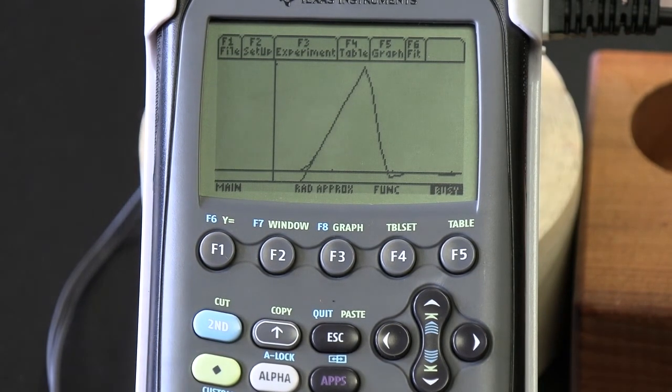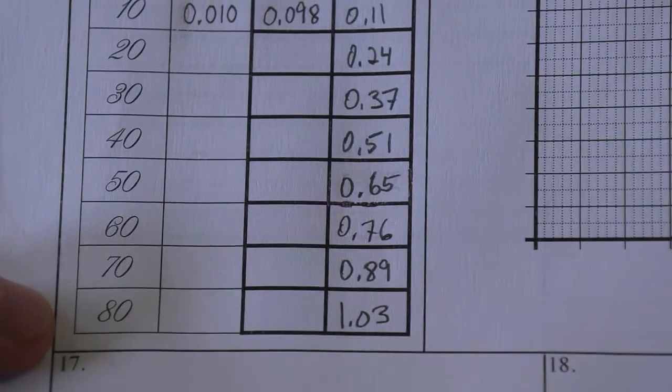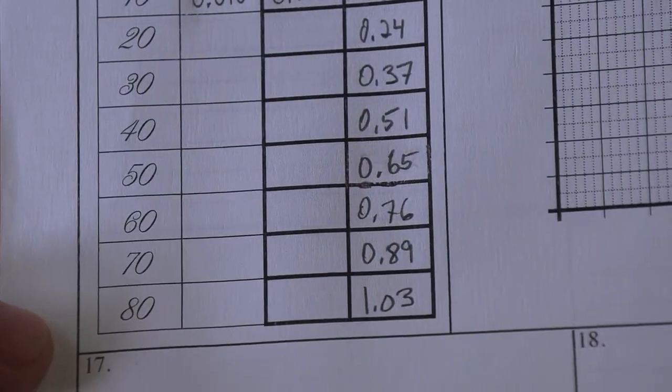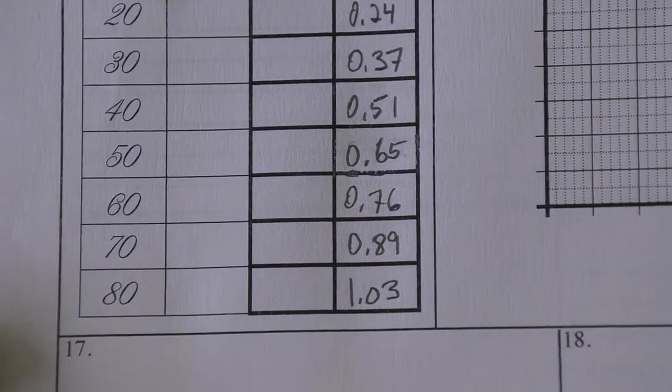Let's give it a moment to calculate. And it reports a slope of 1.03, in other words, an acceleration of 1.03 meters per second squared. I put that in for my last entry into the data table. Again, you're getting your value from the Google Classroom stream.